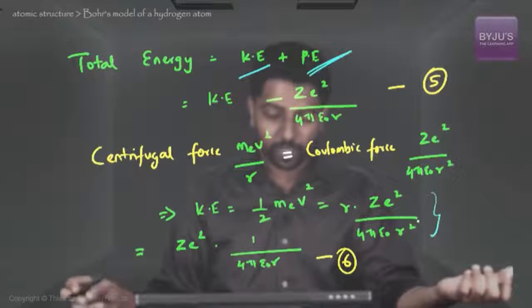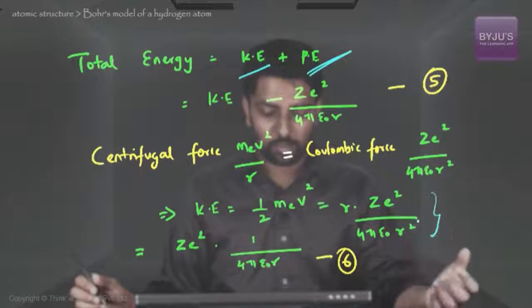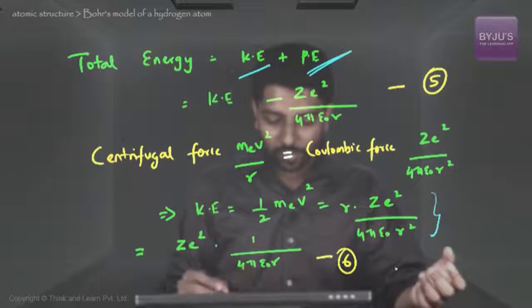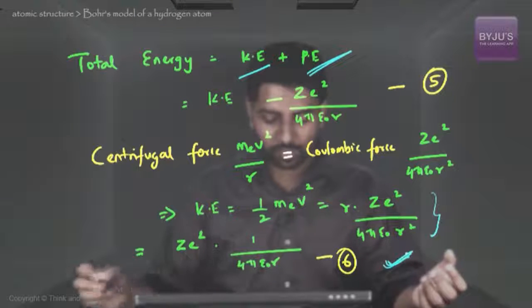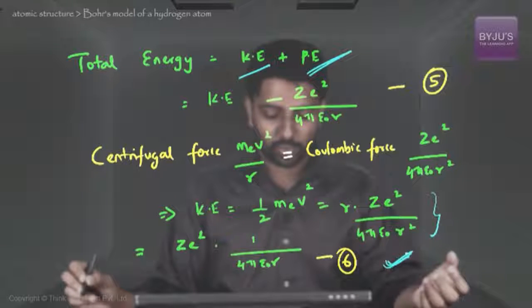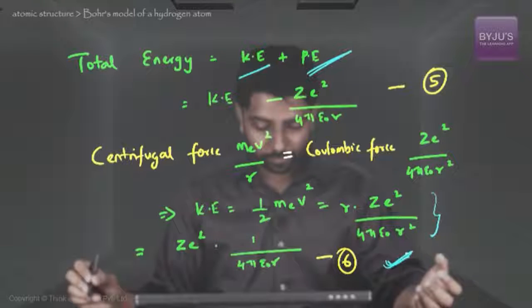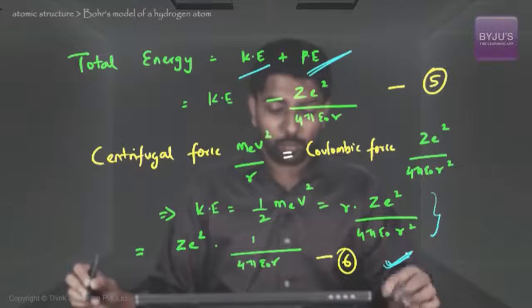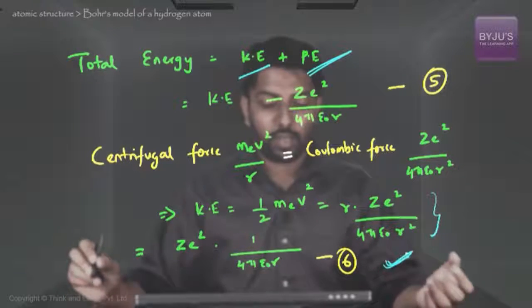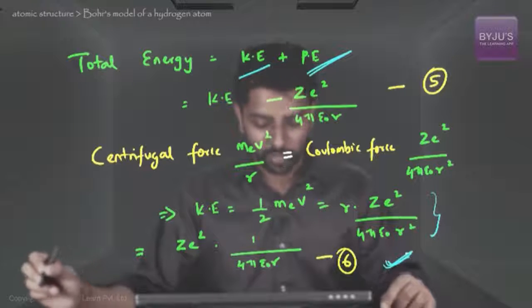Either way, we get the kinetic energy as Z square by 8 pi epsilon naught r. And we also know the potential energy, which is nothing but negative Z square by 4 pi epsilon naught r.